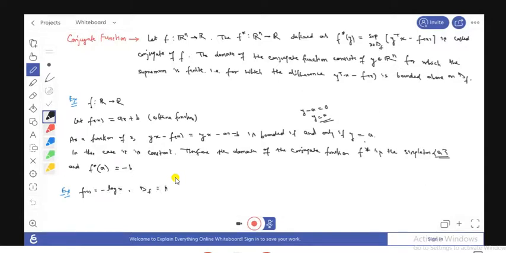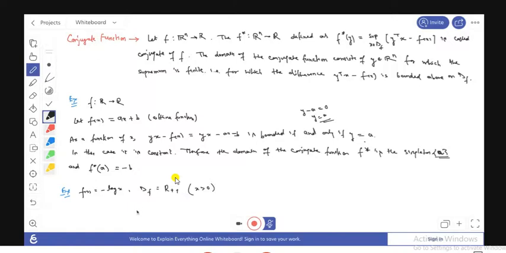The domain of f is R plus plus, because x is positive and also non-zero. Here f of x is minus log x, and we take x not zero and non-negative, because log of negative terms is not defined, and log of zero is also not defined. So the domain of f is all x greater than zero.